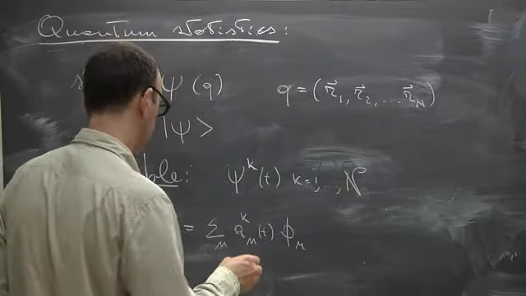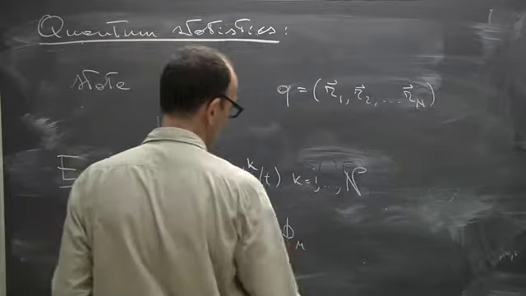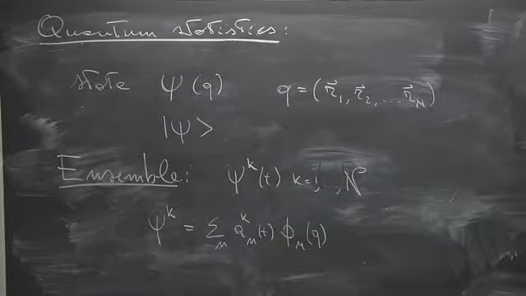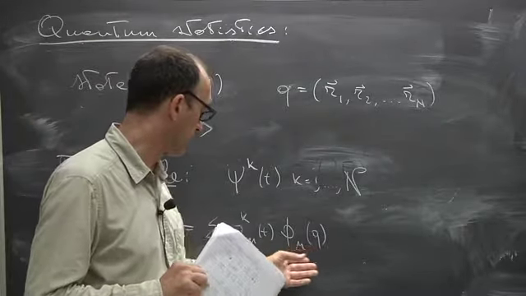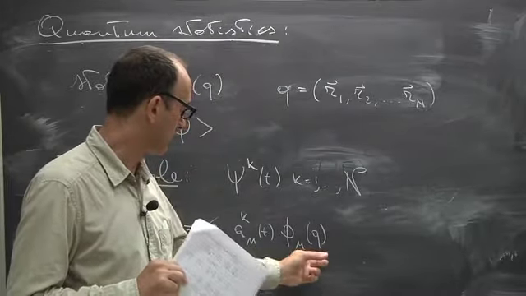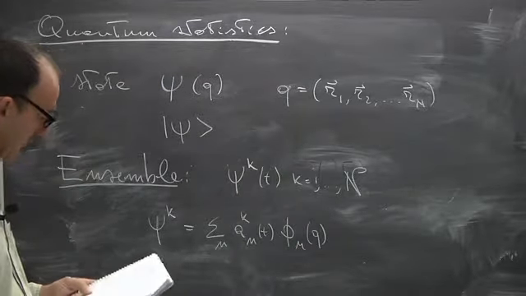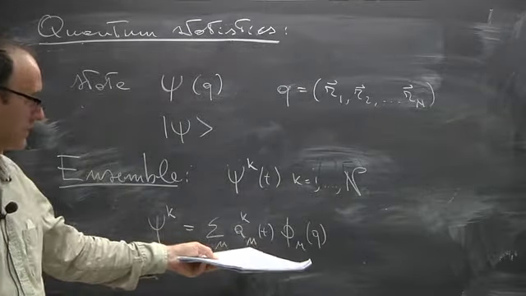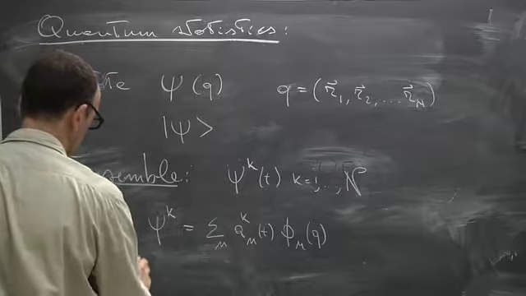And these phi are, say, for example, eigenstates. Well, in general, there will be a set of orthonormal bases which describes my Hilbert space. And of course, the time evolution of these coefficients here will be given by the Schrödinger equation.